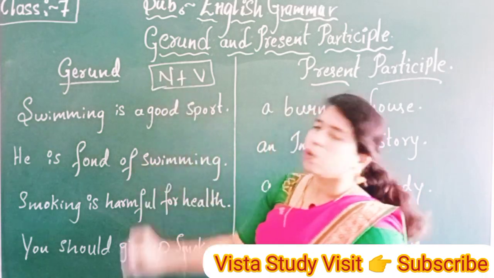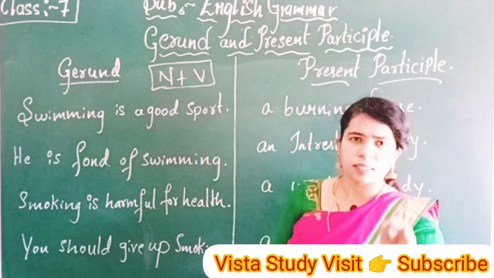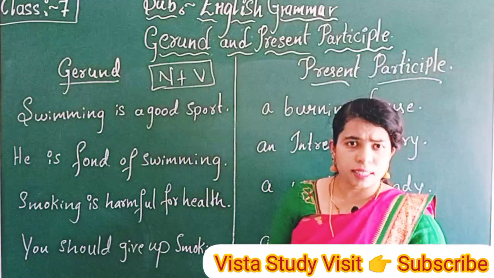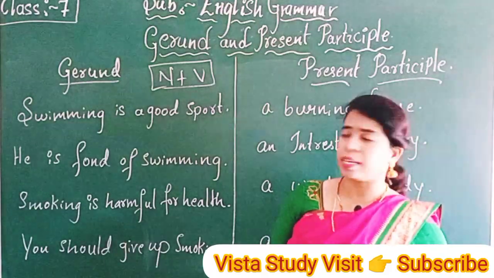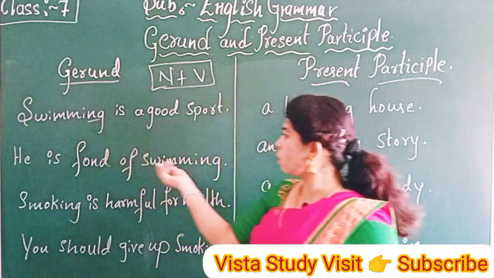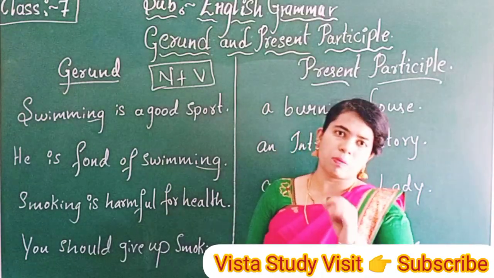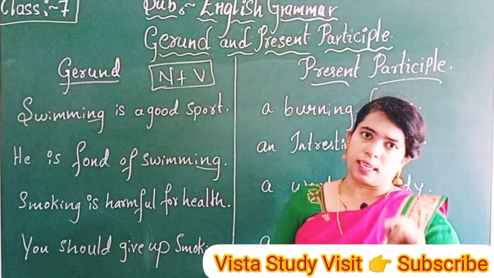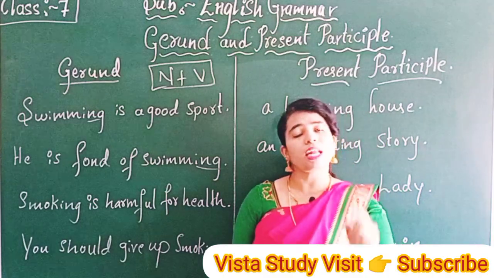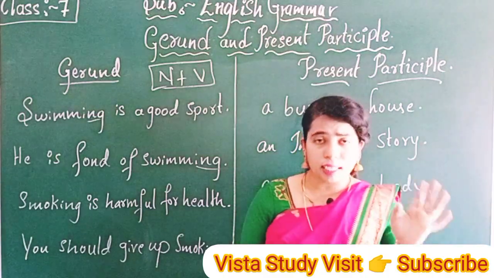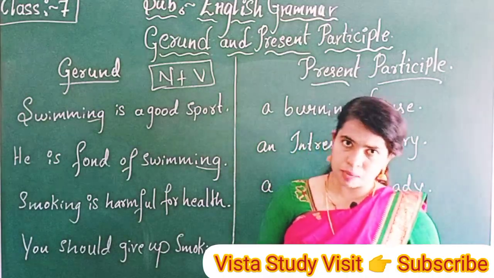Whenever we are thinking about the gerund, first we have to identify the ing form of the verb, and then we have to identify noun and verb, whether it is gerund or present participle.